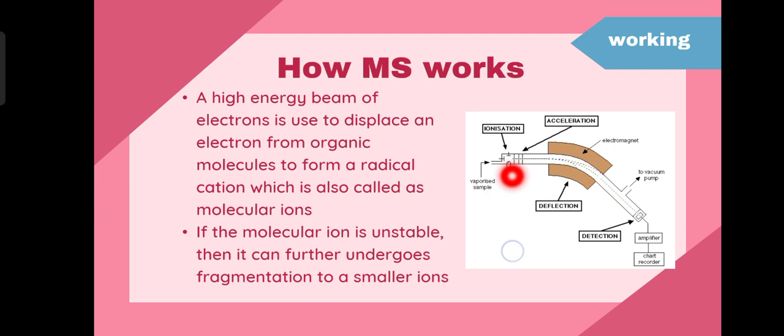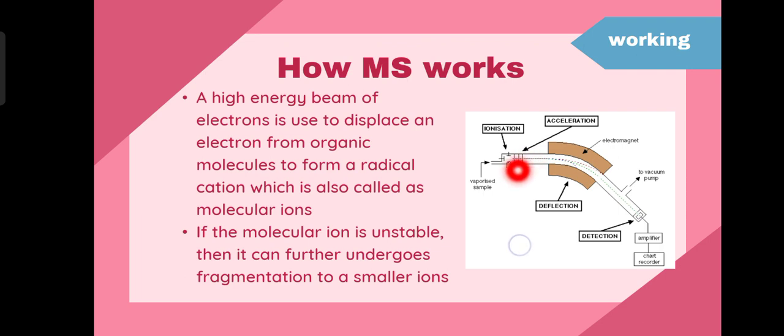This radical cation is referred to as the molecular ion. And if this molecular ion is unstable, then it will undergo further fragmentation, which results in the formation of different fragments having different molecular weights, right?